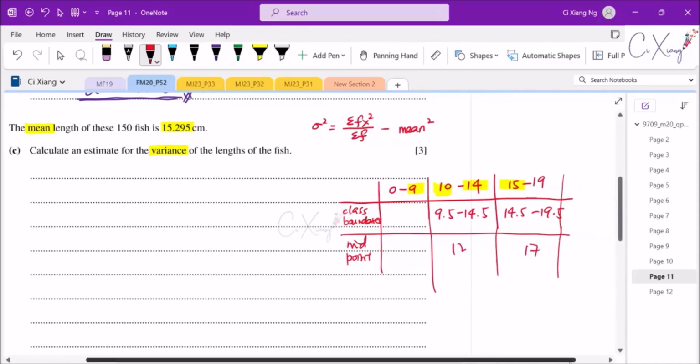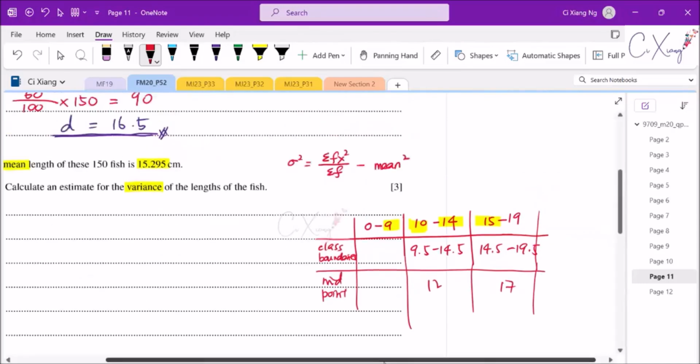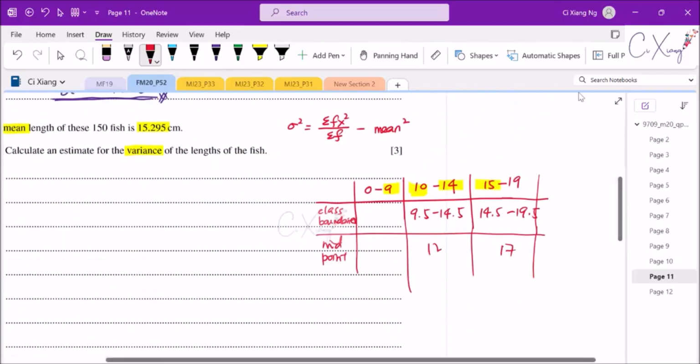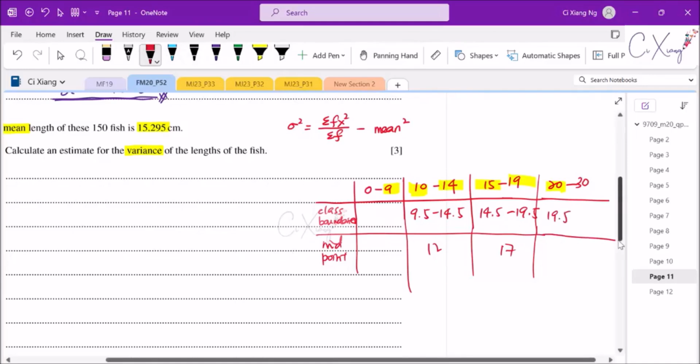Same thing for the last class, you have 20 to 30, if I'm not mistaken. There's a gap between 19 and 20, so for adjustment, you should have 19.5 to 30.5. For the midpoint, you take 19.5 plus 30.5, divided by 2, and you should get 25.